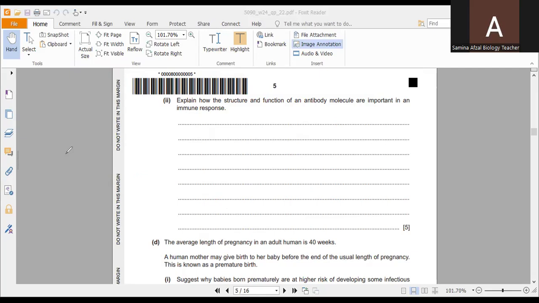Antibodies have a Y-shaped structure. In this way, I want to draw the Y-shaped structure of antibodies. In this structure you can see there are 2 light chains, and these are heavy chains.